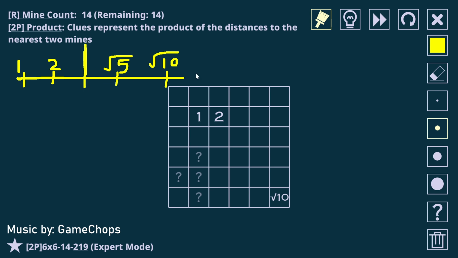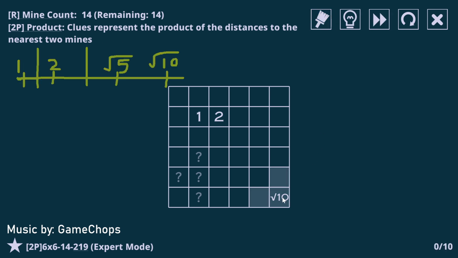Whichever is in here, you cannot have them being mines. And also you can't have any of those being mines, because if it was 1 and 10, again, nothing can be in between them. But if it was anything lower than a 2, you would be selecting this instead of the 2 and root 5. So in fact, none of these values, whatever they are, can have mines in them.